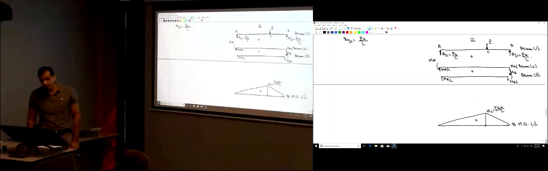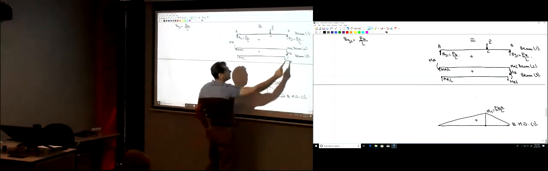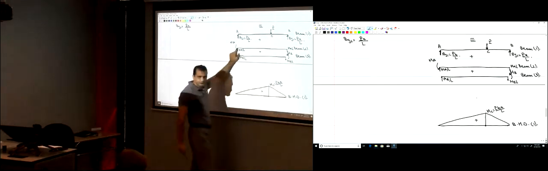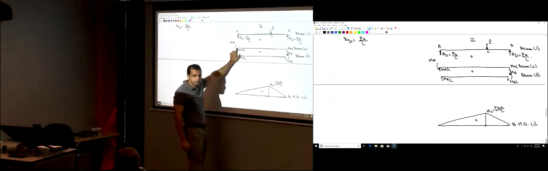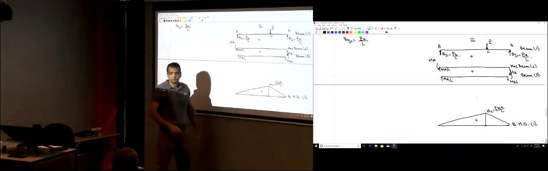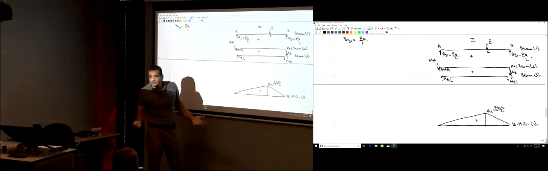Now we want to draw the bending moment diagram for beam 2. How to draw the bending moment diagram for beam 2? So easy. Find the moment at the critical points. What are the critical points here? Point A and point B. How much is the moment at point B? How much is the moment here? 0.